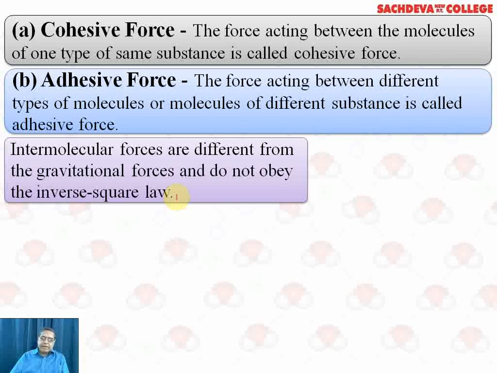But when we speak of intermolecular forces, we consider the fluid or liquid, which is made up of plenty of molecules, and the forces among those molecules are called intermolecular forces, and they are attractive in nature.